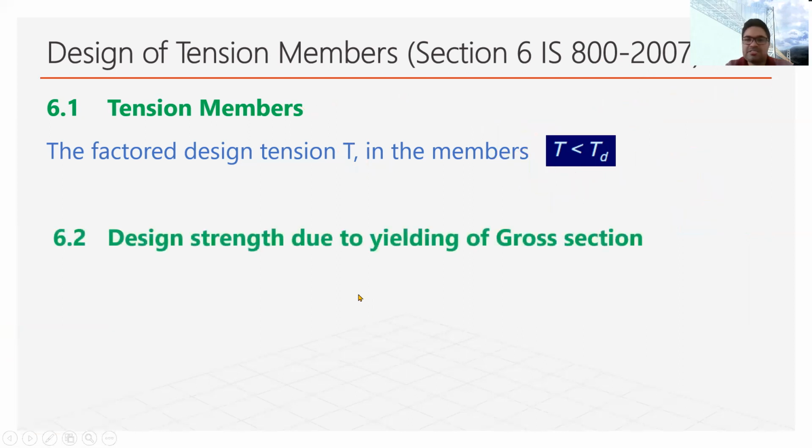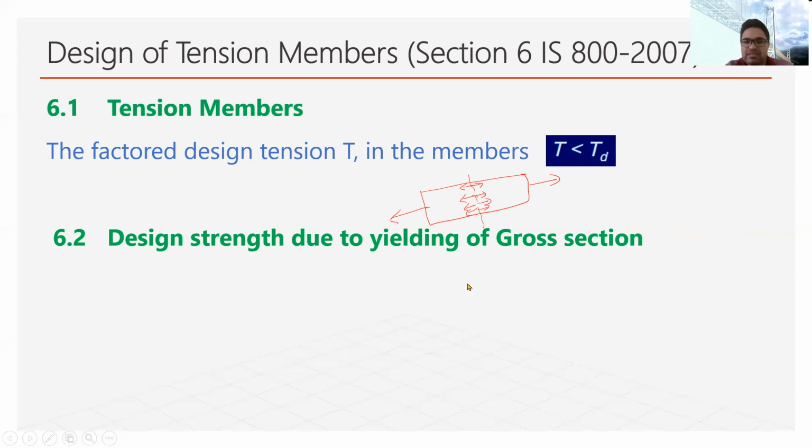Now coming to Section 6.2, which I have already discussed. If a member, in this case a plate, is subjected to a force and there are no holes in the plate, then the plate will break along this section, and the stress along the section will be uniform. So how much maximum strength can it take?